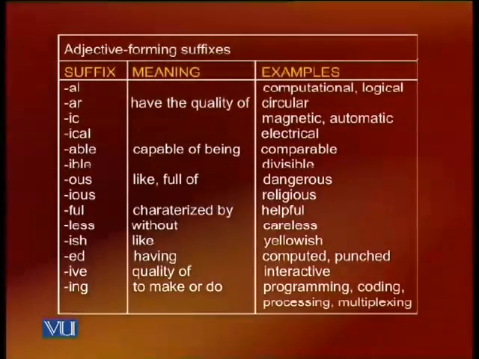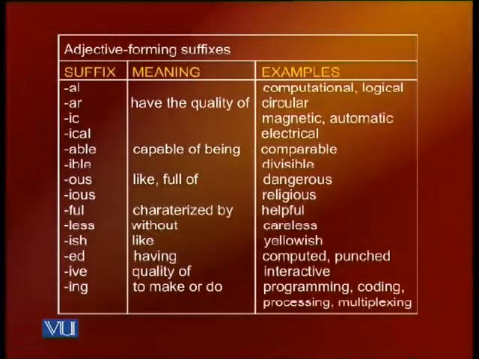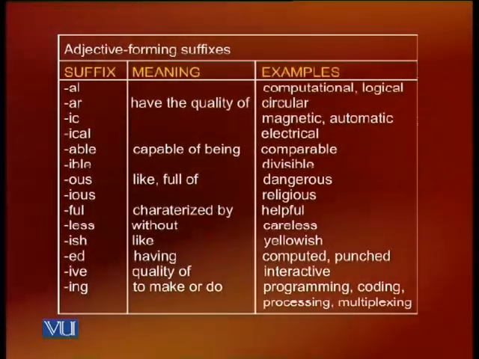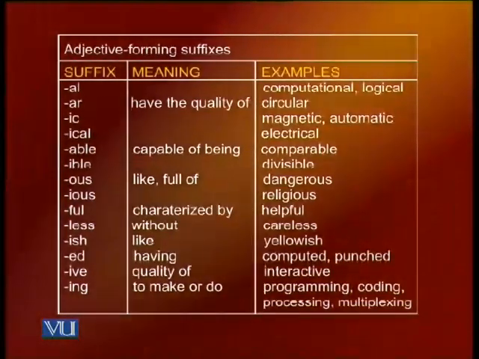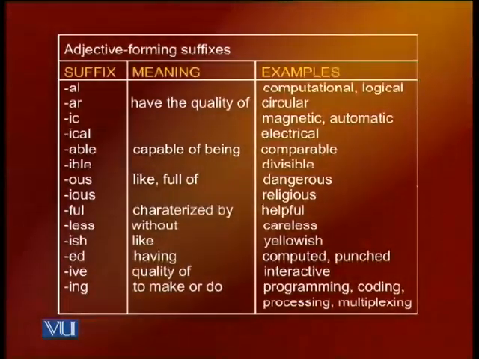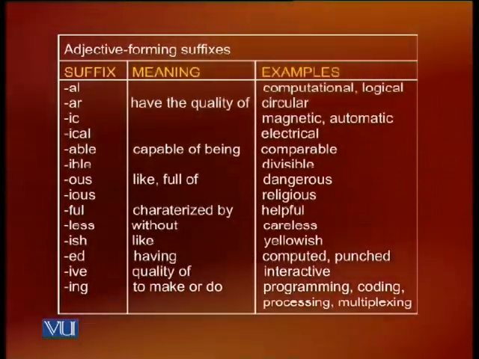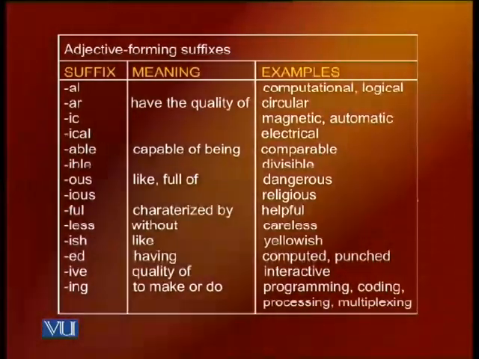Danger, take the word danger and you add ous, it becomes dangerous. The word religion, you convert it by adding ious and it becomes religious. You are describing the word. These are adjectives used to describe something else, religious.